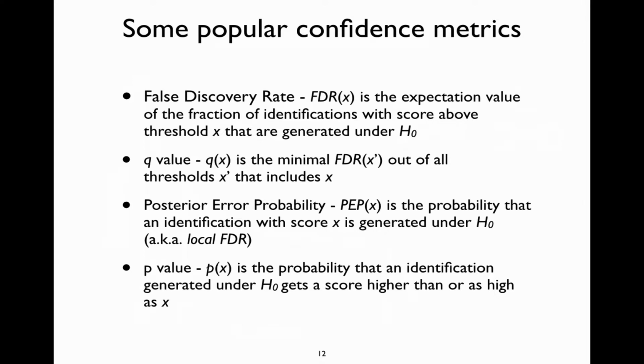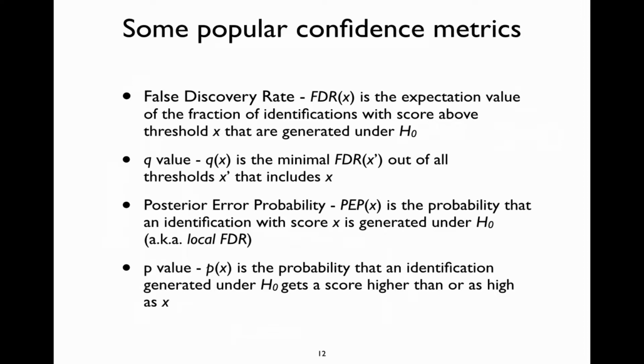More than the false discovery rate, there are some other interesting measures that one can use as well. There is, for instance, the q-value, which is the minimal false discovery rate out of all thresholds, or the false discovery rate of any list that is thresholded by thresholds that include the current identification.